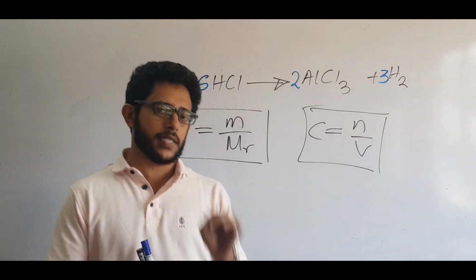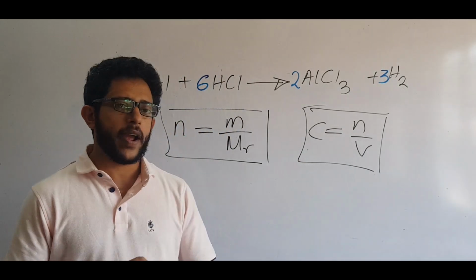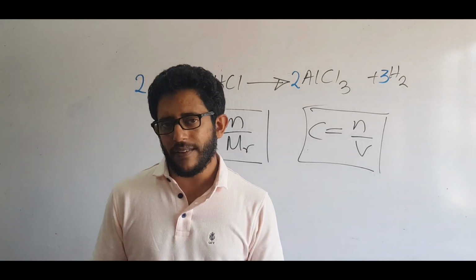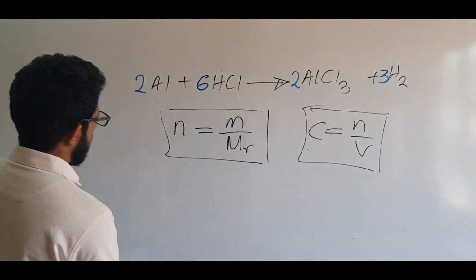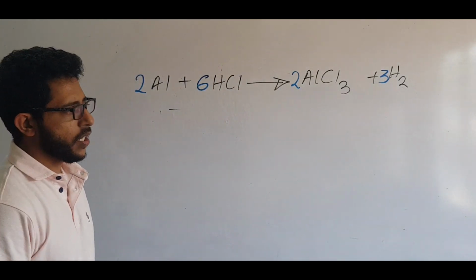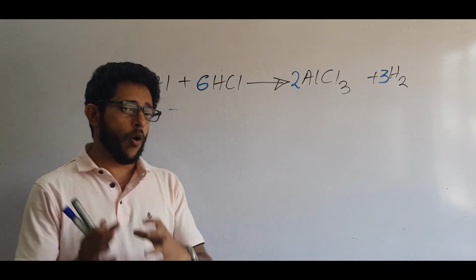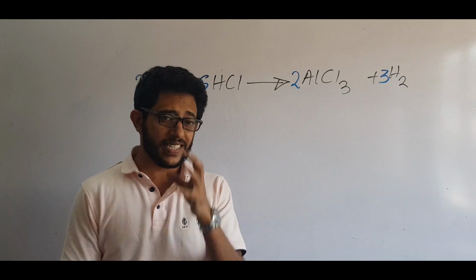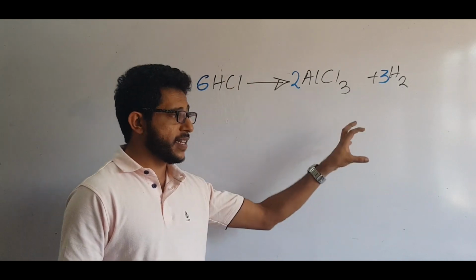Now in chemical calculation based on a chemical reaction, if you know the amount of one particular reactant or product, we can find the required amount by 2 methods. What is the method we use? Always you have to find the molar ratio. So if you know the amount of aluminium, you have to find the amount of HCl, or you might have to find the amount of AlCl3.